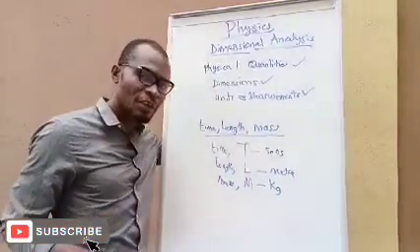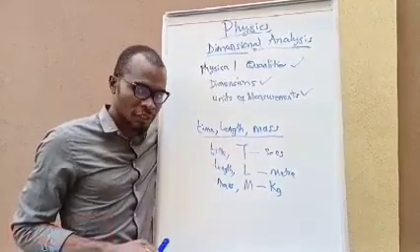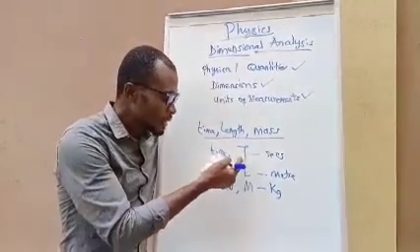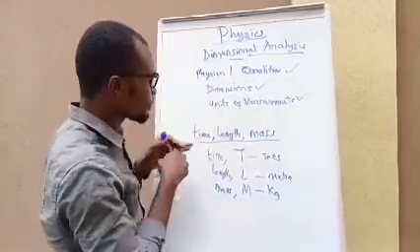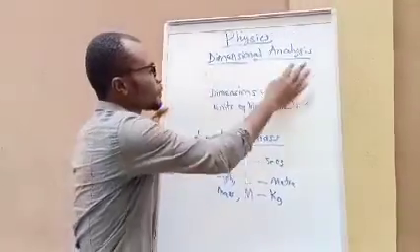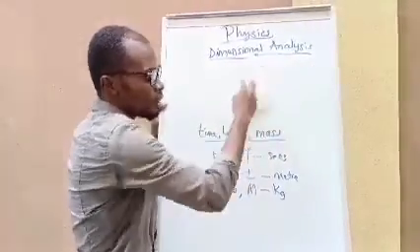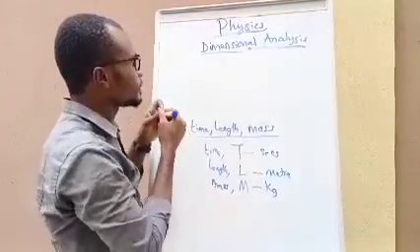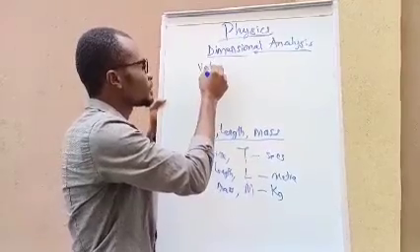For you viewers, especially those in secondary school and their first year in the university, you might see it defined in different forms. All right, let's take an example. I think that will help us to explain better. Let's say velocity.